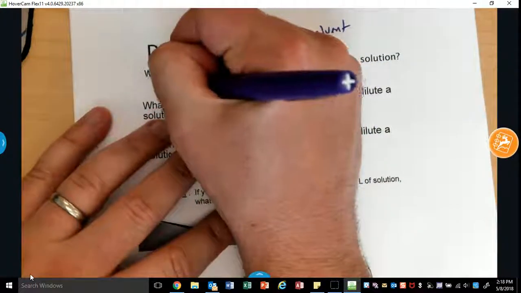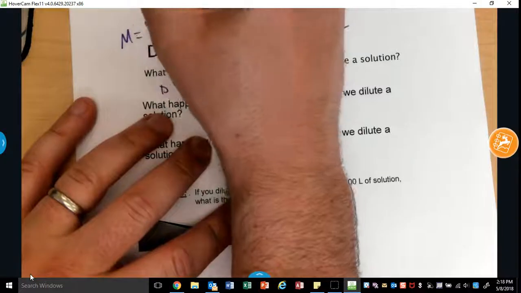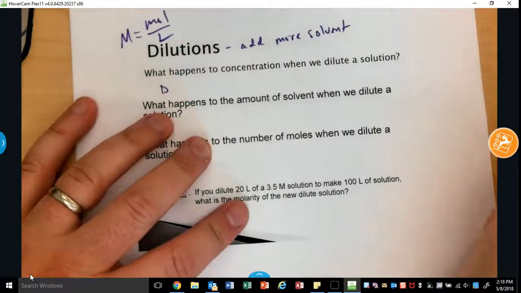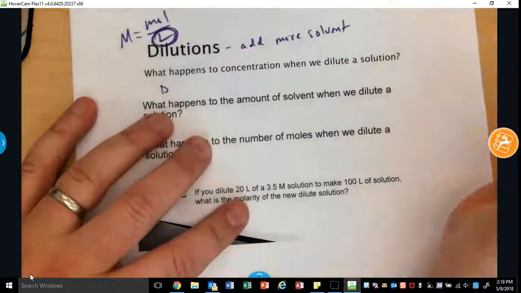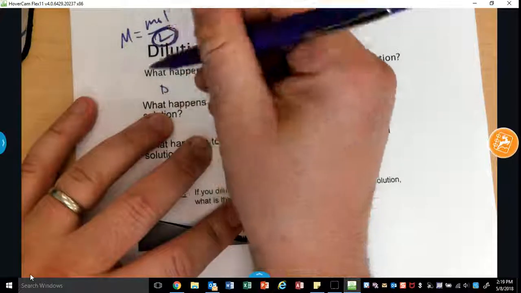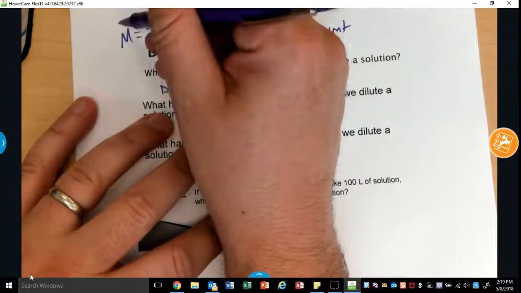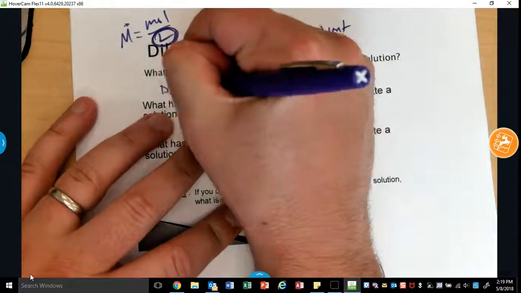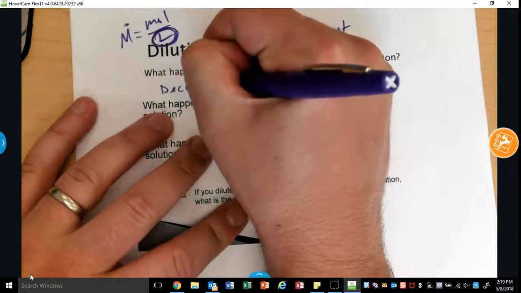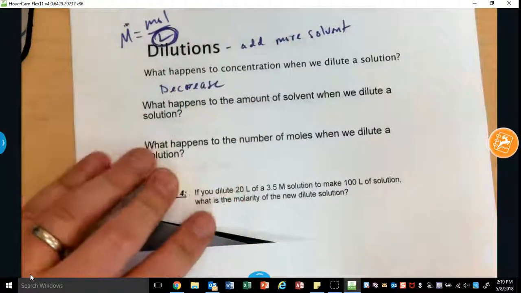Well, obviously, let's look at our formula. I like to do everything as mathematically as possible. If all we're changing is the volume, then we're making the denominator of that expression bigger. If we make the denominator of that expression bigger, it's going to make our output, the molarity, smaller. So the concentration will decrease as we dilute.